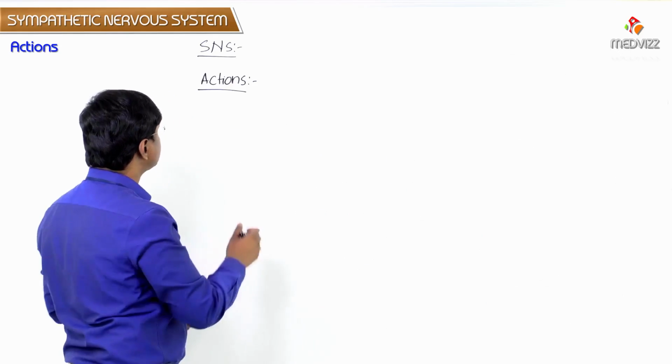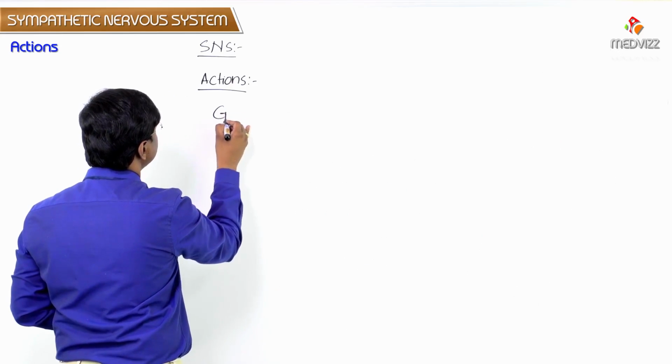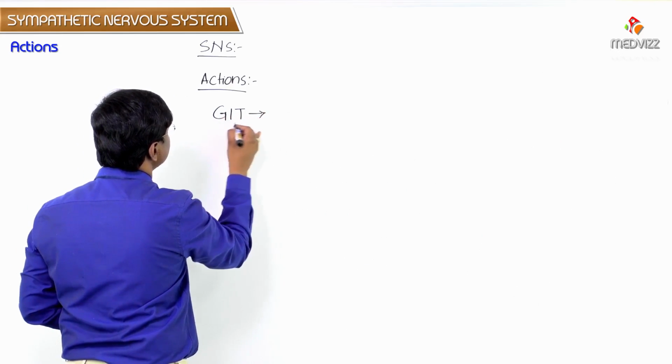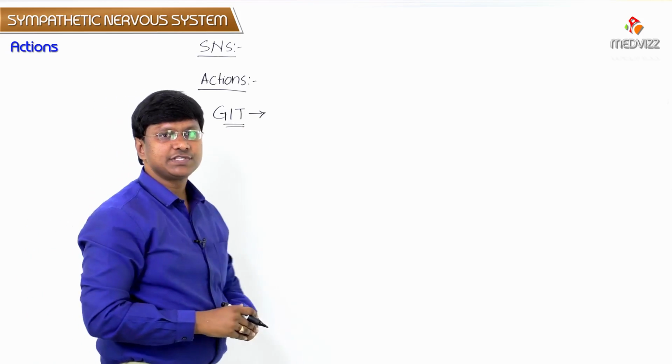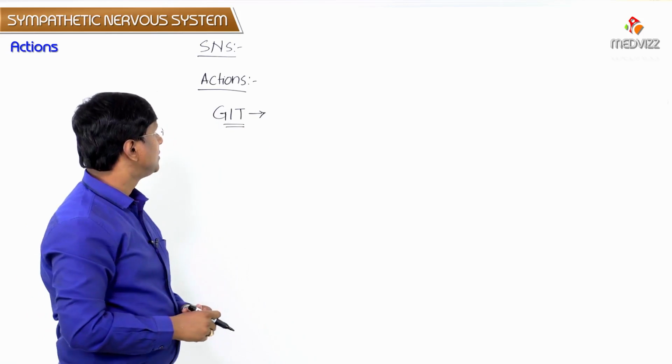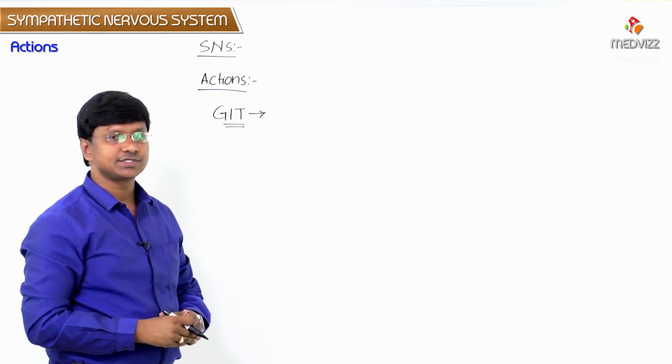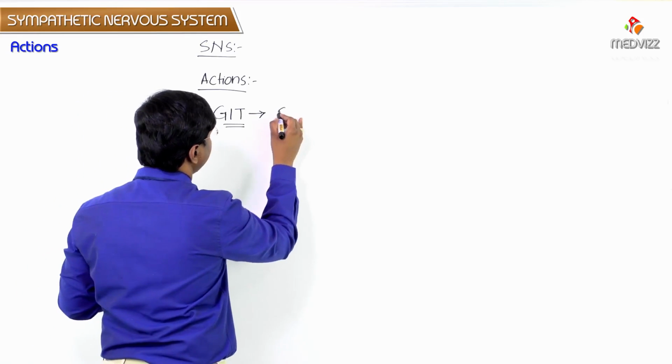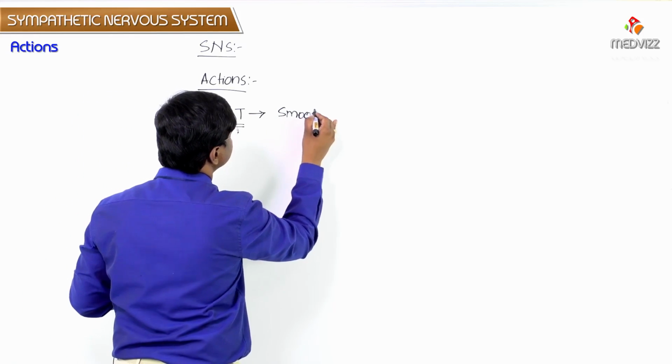Now let me tell you the actions of the sympathetic nervous system on the GIT, the gastrointestinal tract. A point that you have to remember here is that within the GIT we have the smooth muscle.